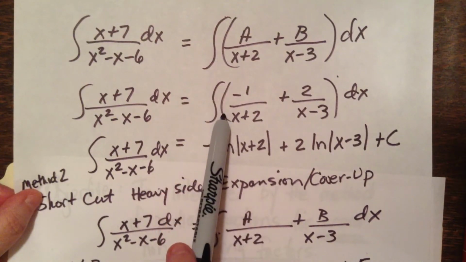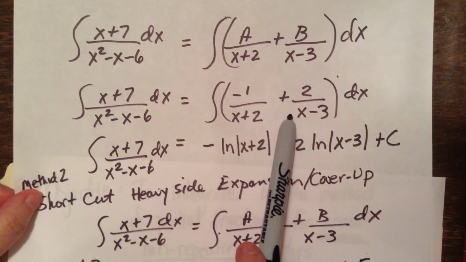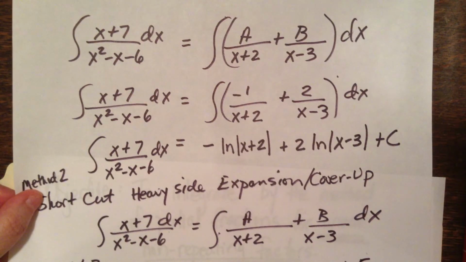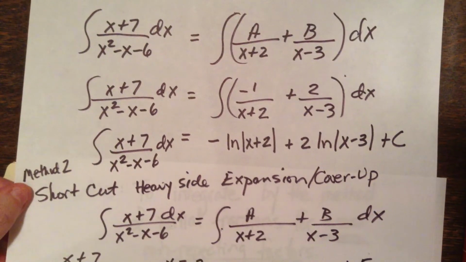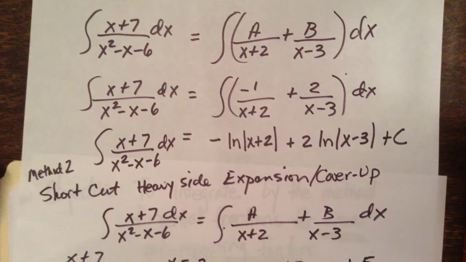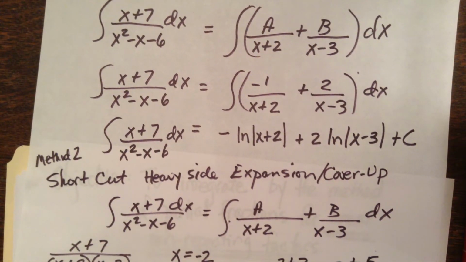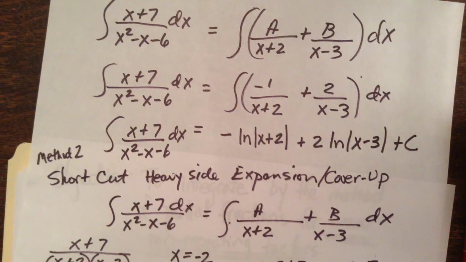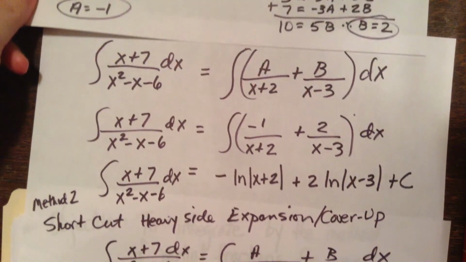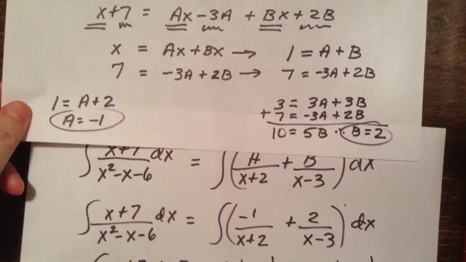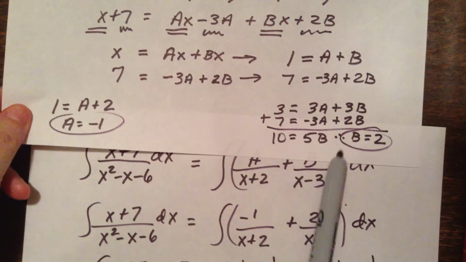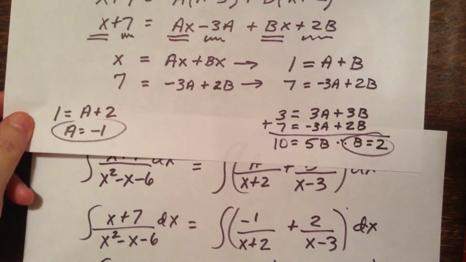In this factor, A was -1 and B is 2. So you proceed to integrate without having to use the linear combination method that I did back here. We don't have to do all of that.